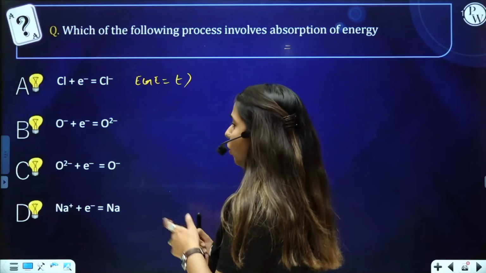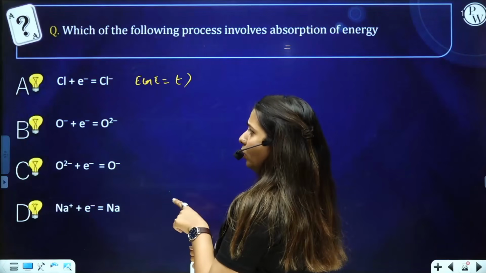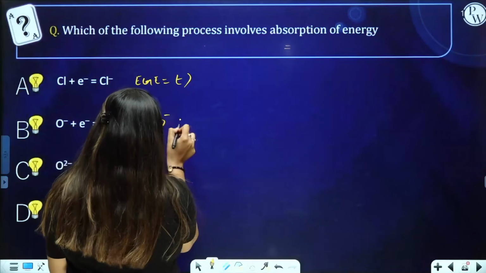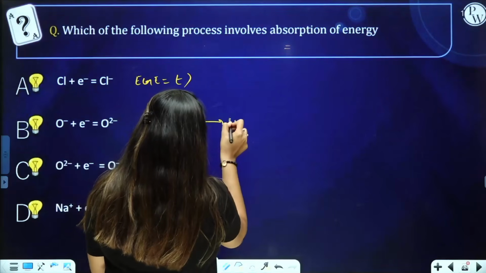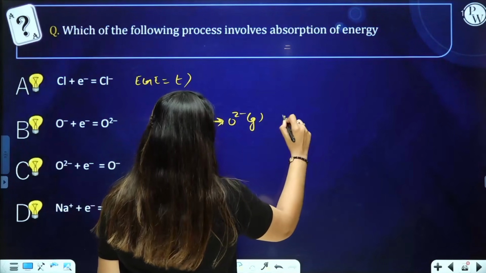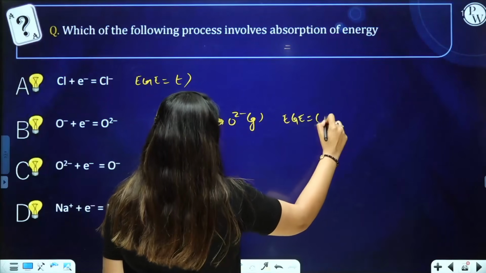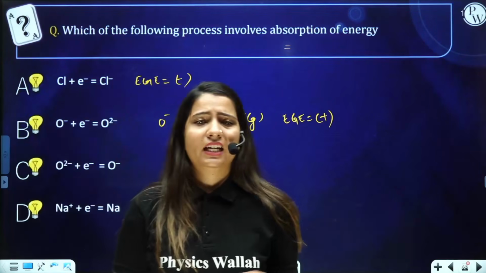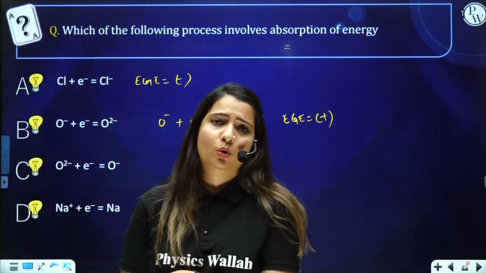O negative becoming O2 negative: you are adding an electron into O negative to form O2 negative. This process will require a very high amount of energy. Already oxygen has formed O negative, and now you are forming O2 negative.